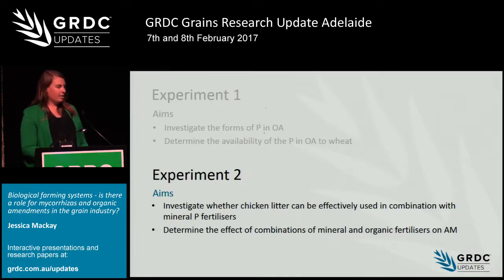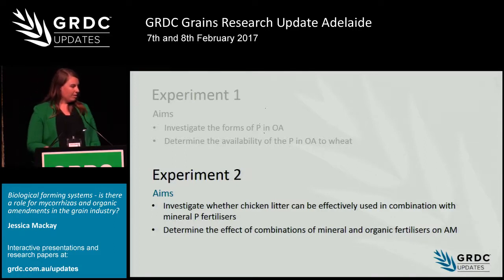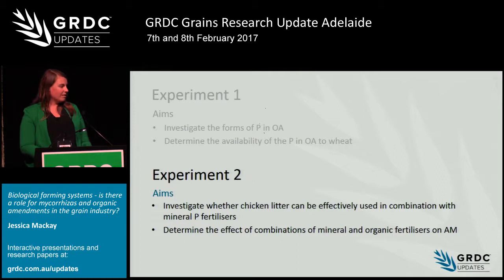In the next experiment, I further investigated chicken litter with straw bedding. I chose to investigate chicken litter because it's a readily available organic amendment. And the aims of this experiment were to investigate whether chicken litter can be effectively used in combination with mineral phosphorus fertilisers and to determine the effect of combinations of mineral and organic fertilisers on arbuscular mycorrhizas.